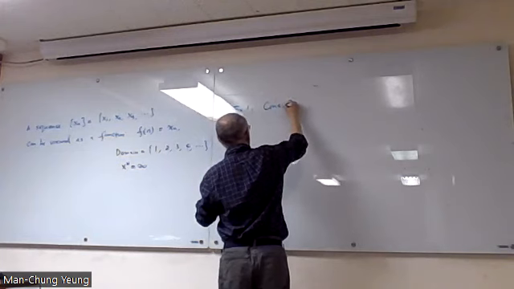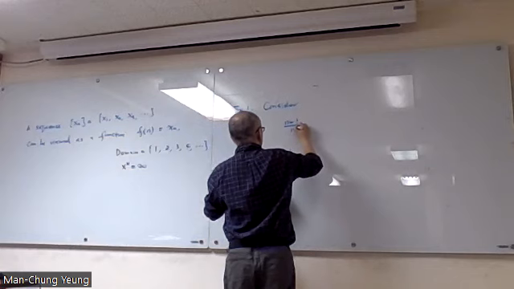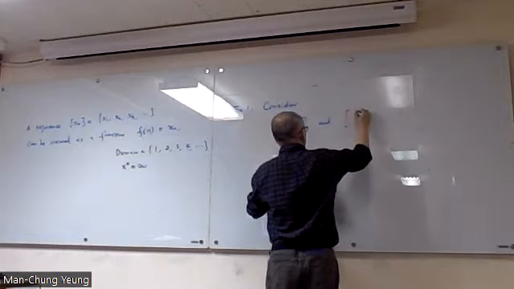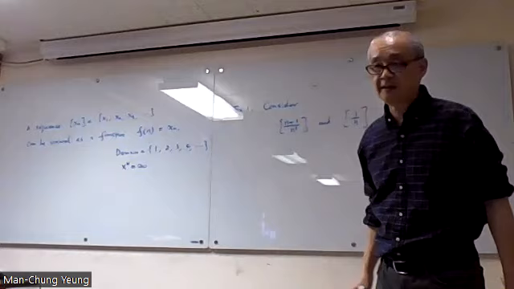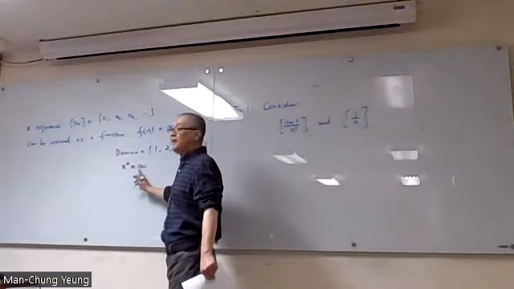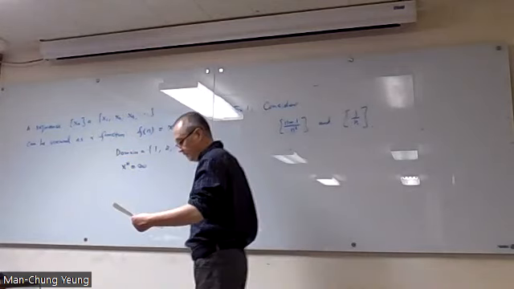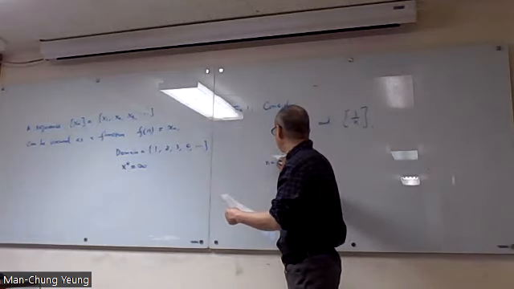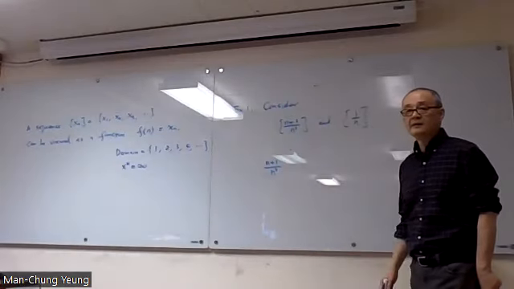Consider this sequence and this sequence. I compare these two sequences in the neighborhood of infinity. Which one is larger? Now, n plus 1 over n squared.